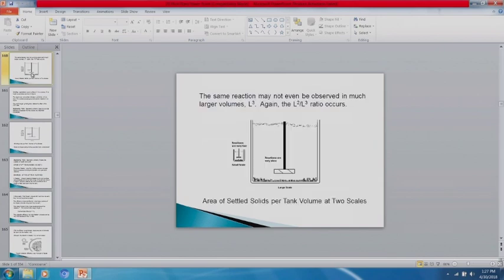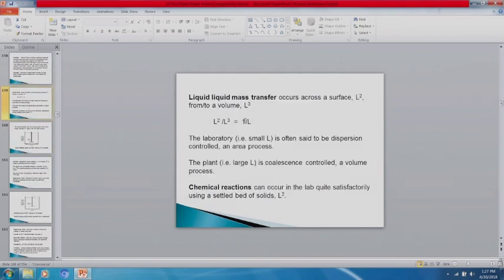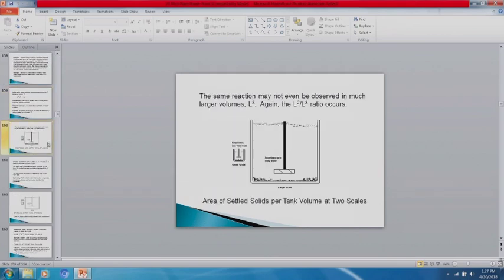the job. Just as a quick review of some of the things we talked about earlier, we have the small scale, which is right in here, and we have the large scales here. Now, typically a chemical reaction, I brought this up last time, chemical reactions, this will work fine. Subtle bit of solids. There's enough solids available to run the reaction. However, on scale-up, these solid surfaces are not available for processing since they're sitting on the tank bottom.